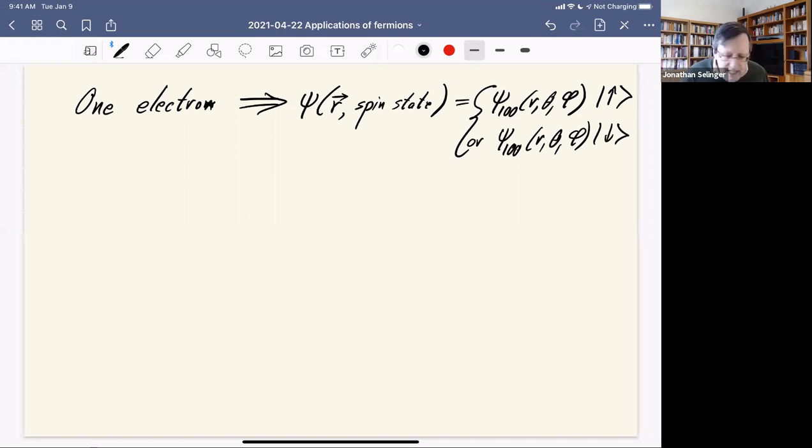It could be either of those possibilities, and either one has the energy of E sub 1. What if we have 2 electrons?